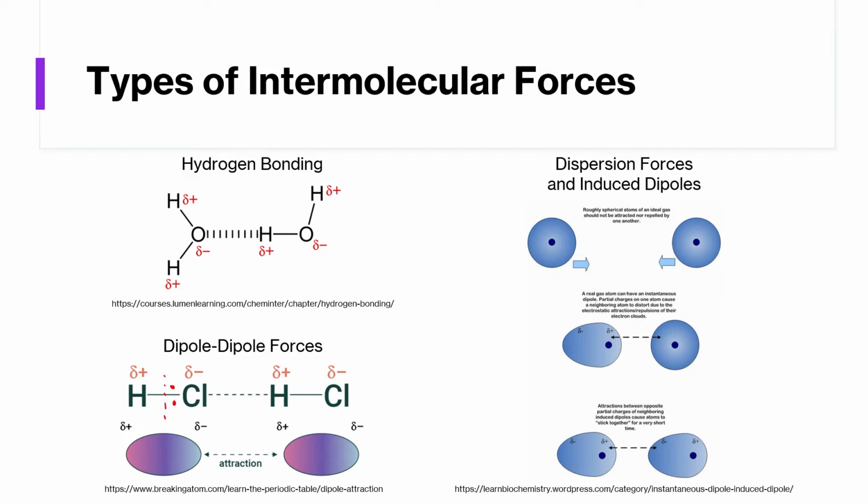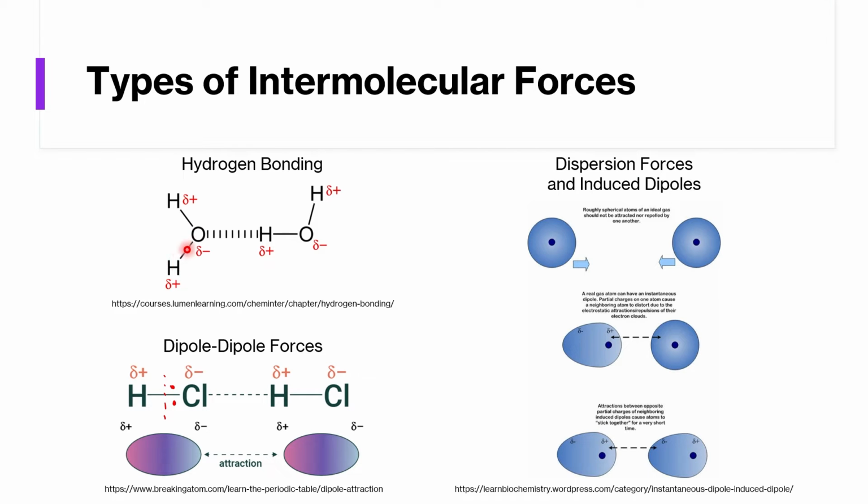Now, there can be an attractive force between those dipoles that form in those molecules, and that attractive force will have an influence over physical properties. Hydrogen bonding is very similar. It's a type of dipole-dipole force, but this occurs between covalent bonds like an oxygen-hydrogen bond, in which the difference in electronegativity between the two elements is greatest.